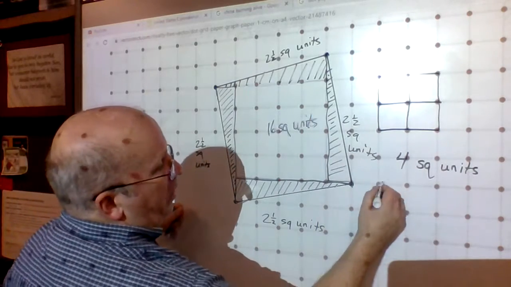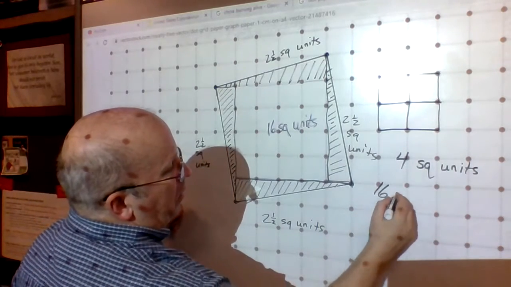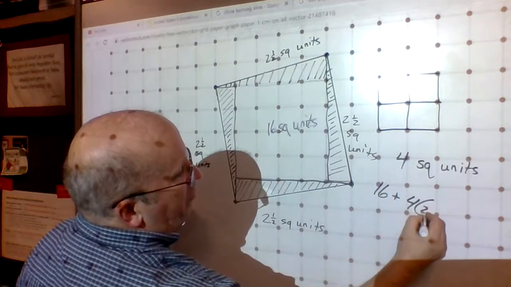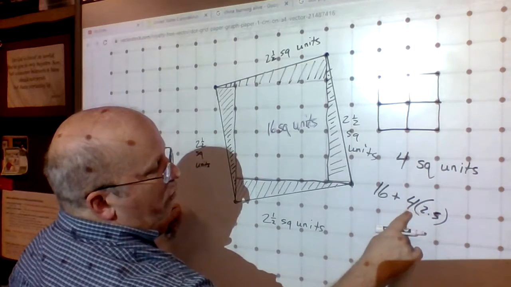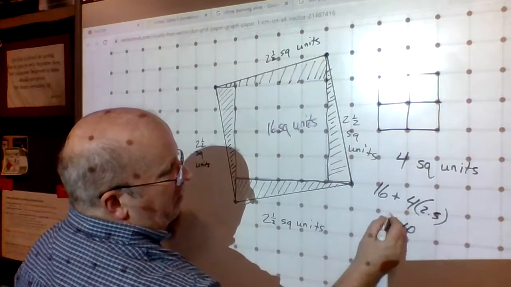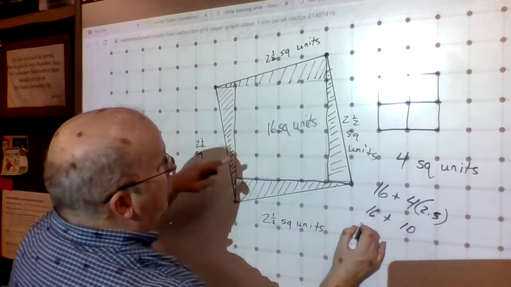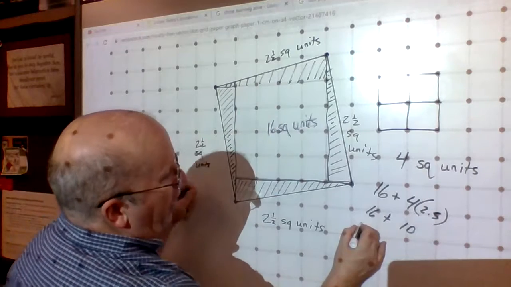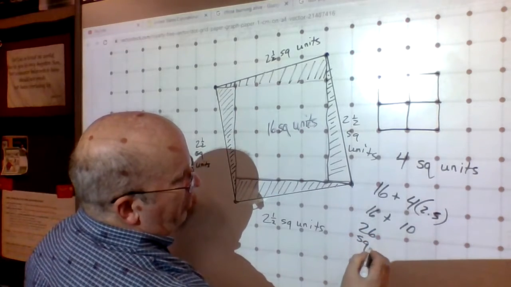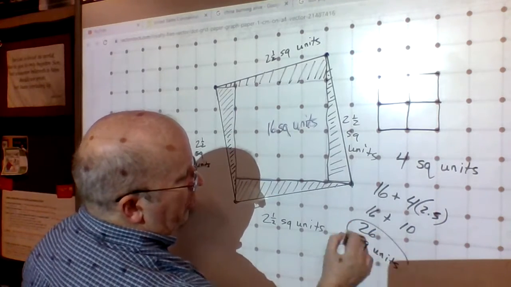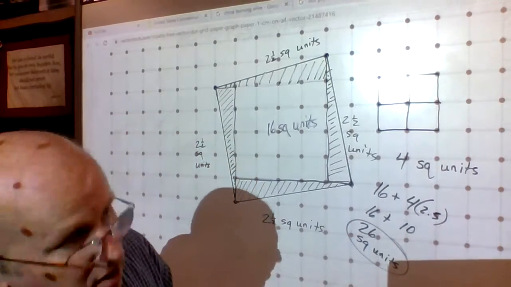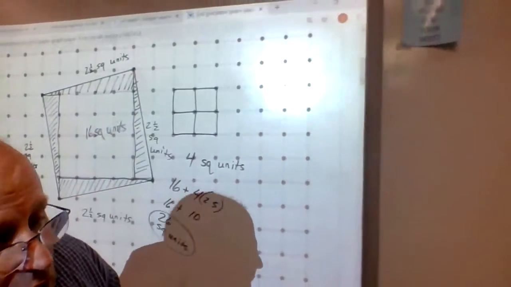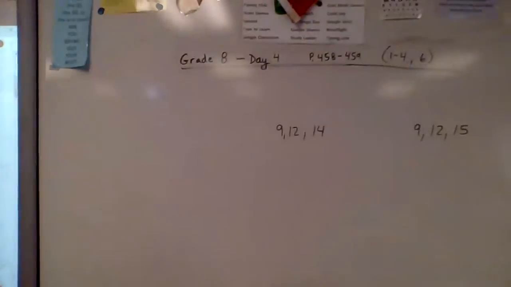So we write 16 plus 4 times 2.5, and that should be our total area. 4 times 2.5 is 10. So the area of this entire square is 26 square units. Hopefully that'll help you for that first page in today's lesson of day 4 on page 458.